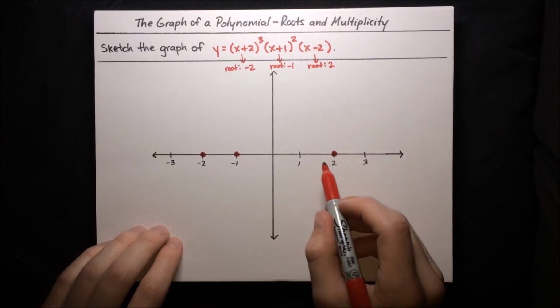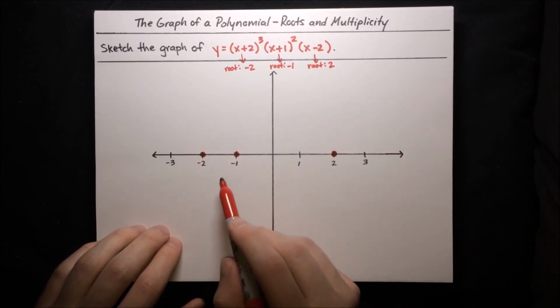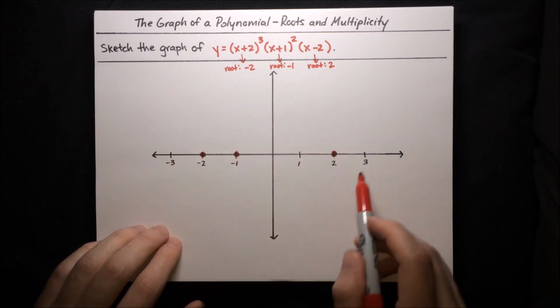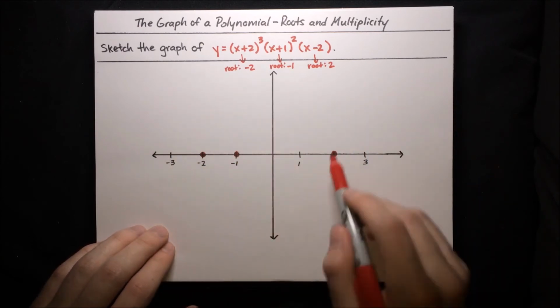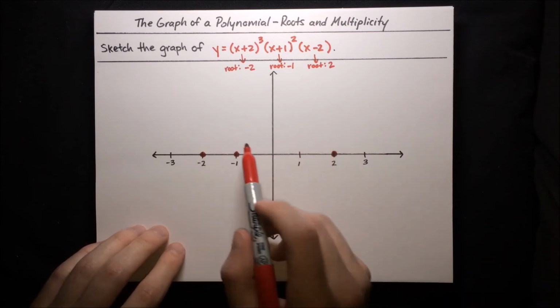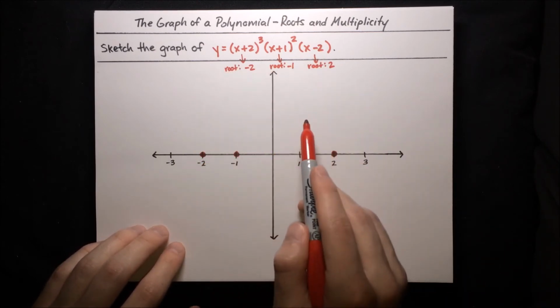Okay, so how are we going to make the function go through these roots? Does it go like this, or does it go like this, or like this? How does it go? So why don't we look at the end behavior first?